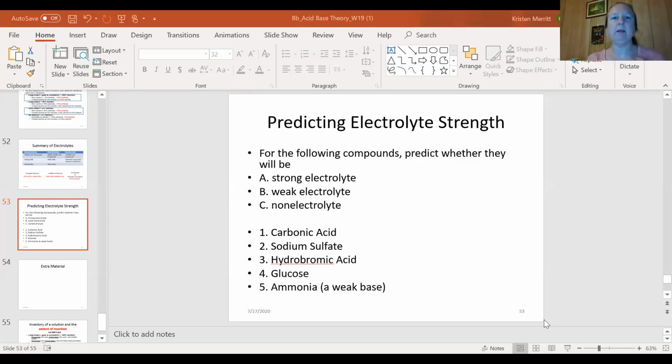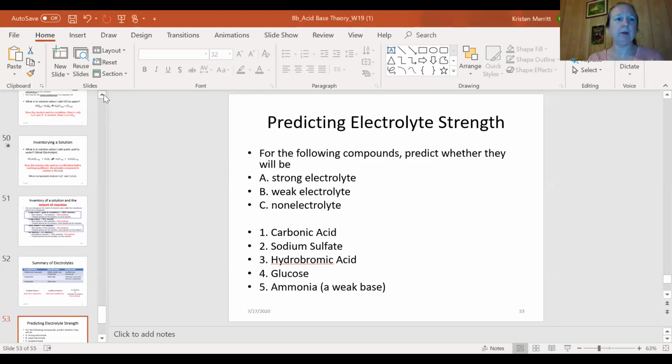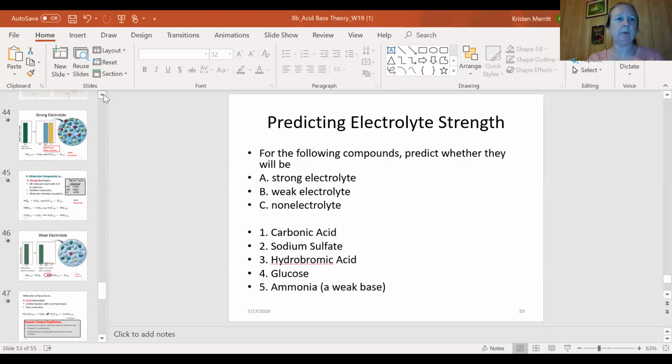Okay, let's go to slides. Right here. And this is 8B, acid-base theory. It's the slide set that I was using yesterday and today.